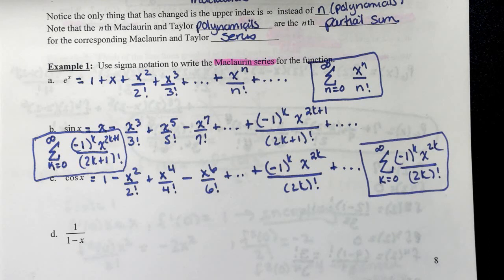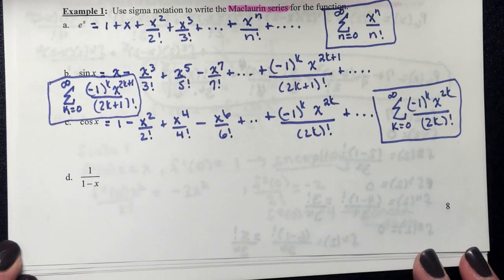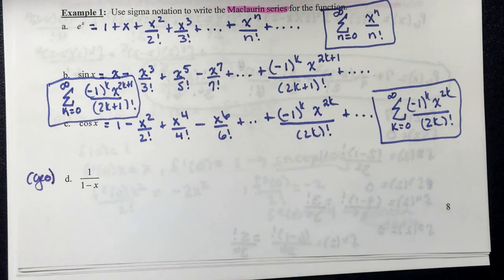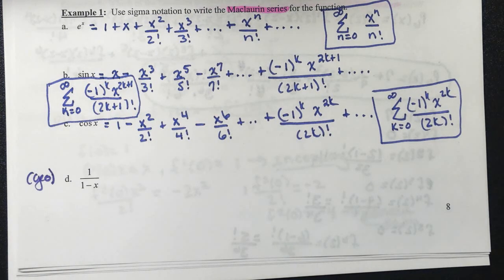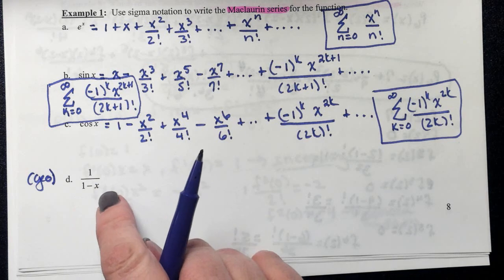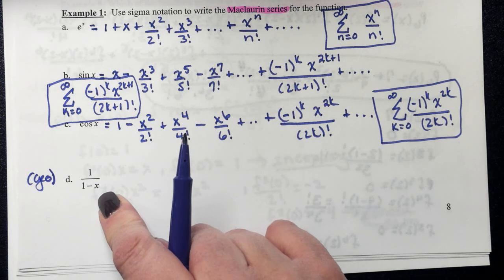So any questions on these? Again, I had you generate these by hand in your notes in the last section. 1 over 1 minus x is a very common Maclaurin series. This is actually your Maclaurin series for a geometric series. Because if you think about how you find the sum of an infinite geometric series, you always take your first term and you divide it by 1 minus r. So this is actually your geometric Maclaurin series, the 1 over 1 minus x.